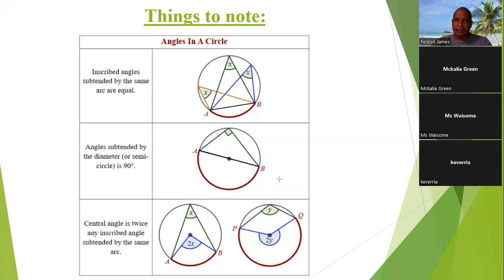Now the lower half, you notice that you have the arc AB highlighted in the burgundy color. In the other segment, you will also have an angle subtended. But this second theorem is really a byproduct of the last one that we have down here.